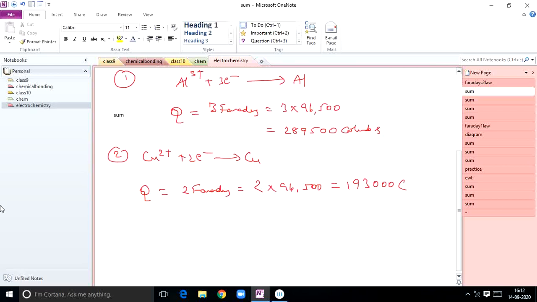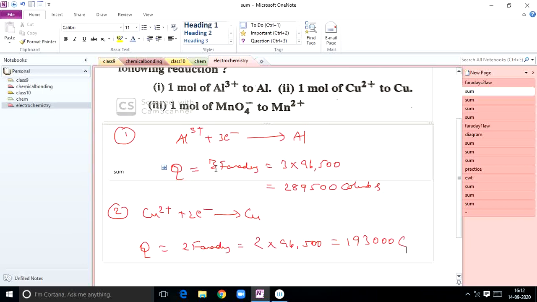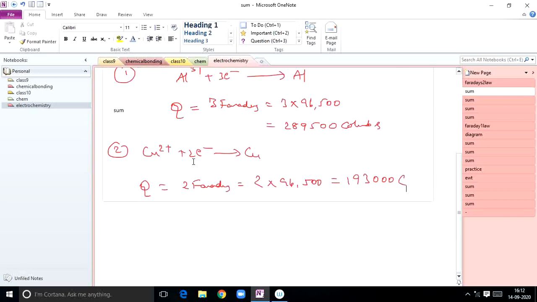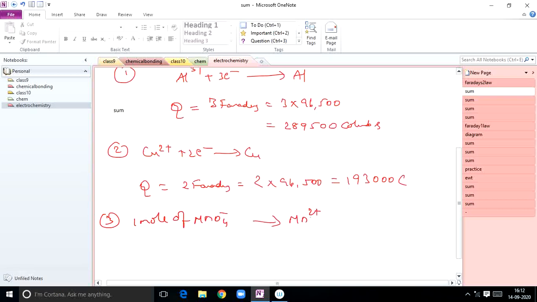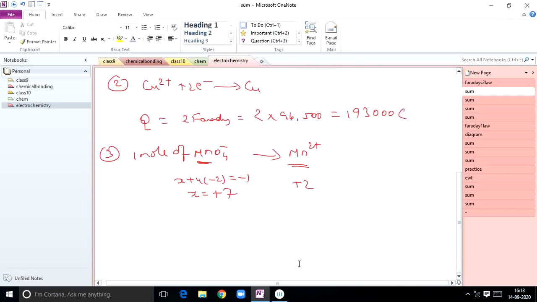Next one, third question, all of you read the third question. 1 mole of MnO4 minus to Mn2+. Students already know how to calculate the oxidation state of the central atom. X plus 4 into minus 2 is equal to minus 1, so X is equal to plus 7. That is the oxidation state. Here X is equal to plus 2. So plus 7 to plus 2, students.